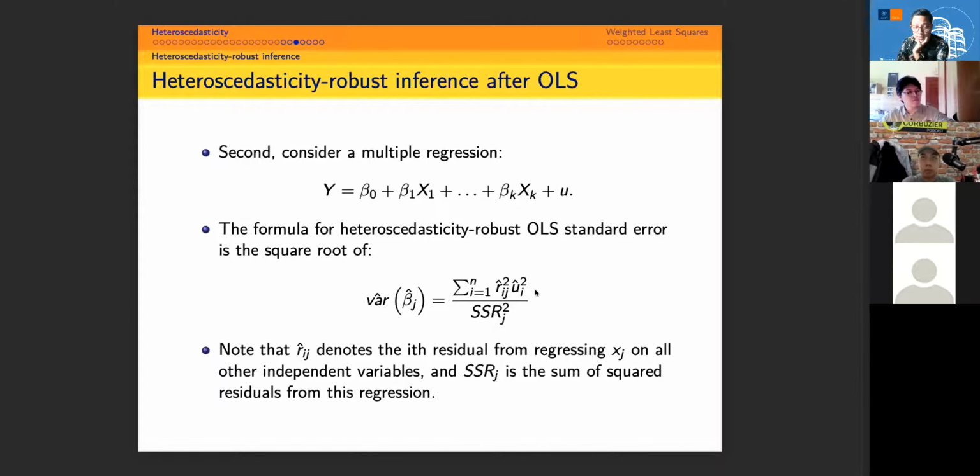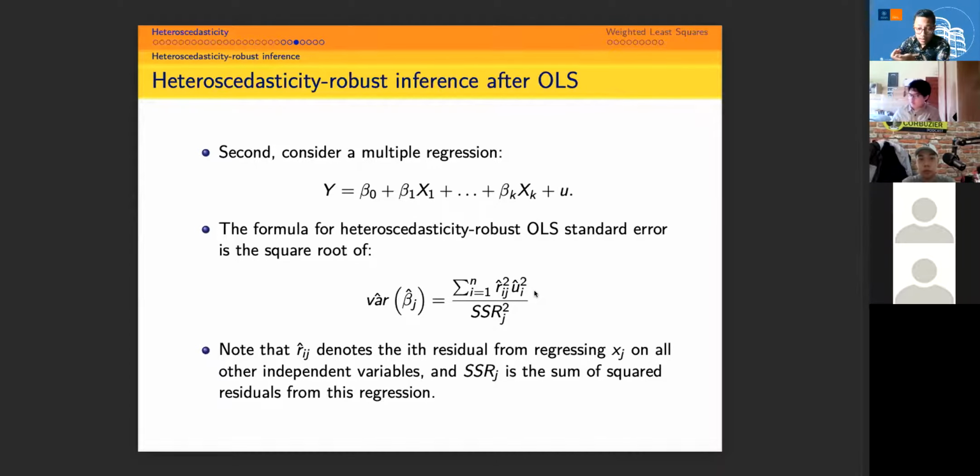So what is R hat squared? Basically, R hat is the residual from regressing the variable of interest xj on all the other independent variables. After that you get the residual and then the squared residual.